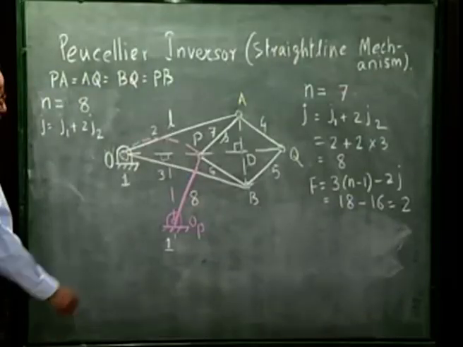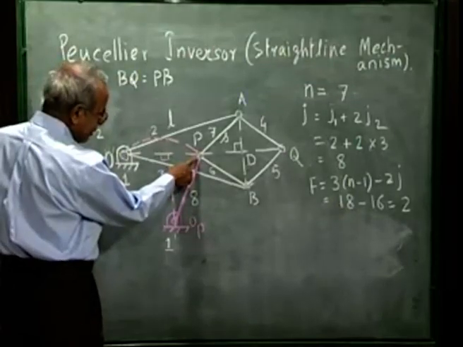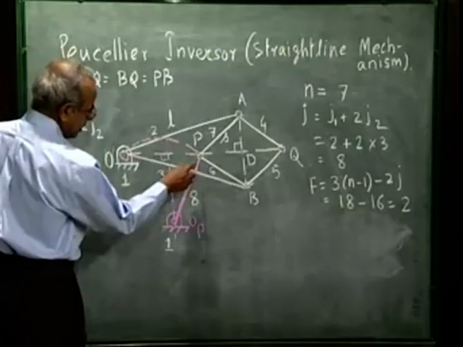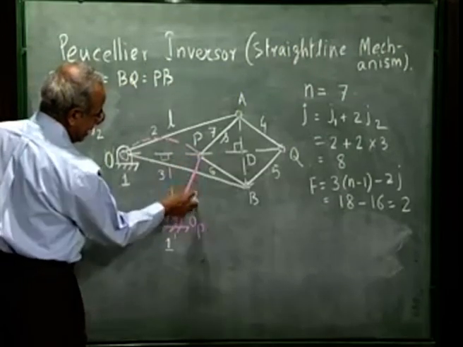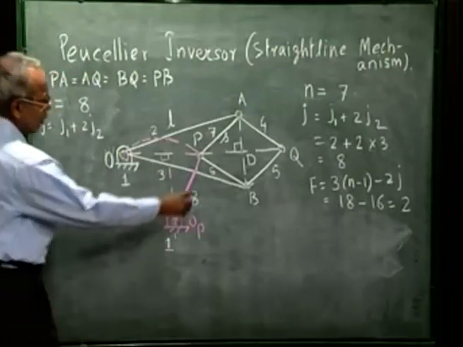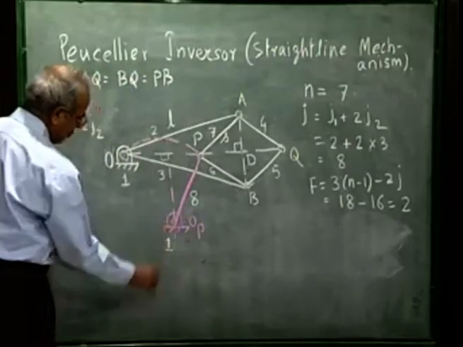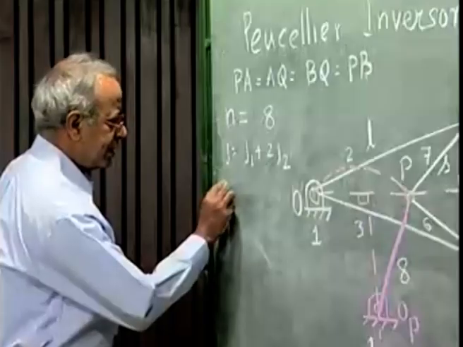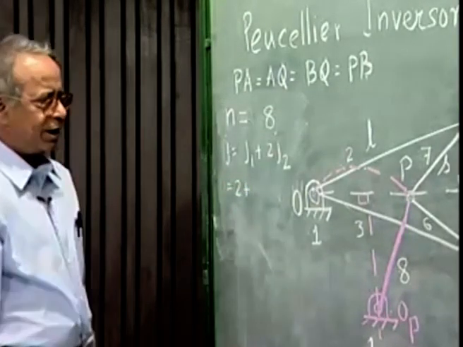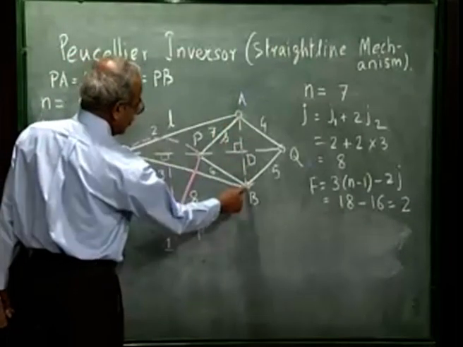By having this link, we have converted this simple hinge, which we considered earlier, into a second order hinge, because now 3 links, namely 6, 7 and 8 are connected here. So, how many simple hinges are left? One at Q and one at OP. So, J1 is 2. And how many J2? 1, 2, 3, 4.